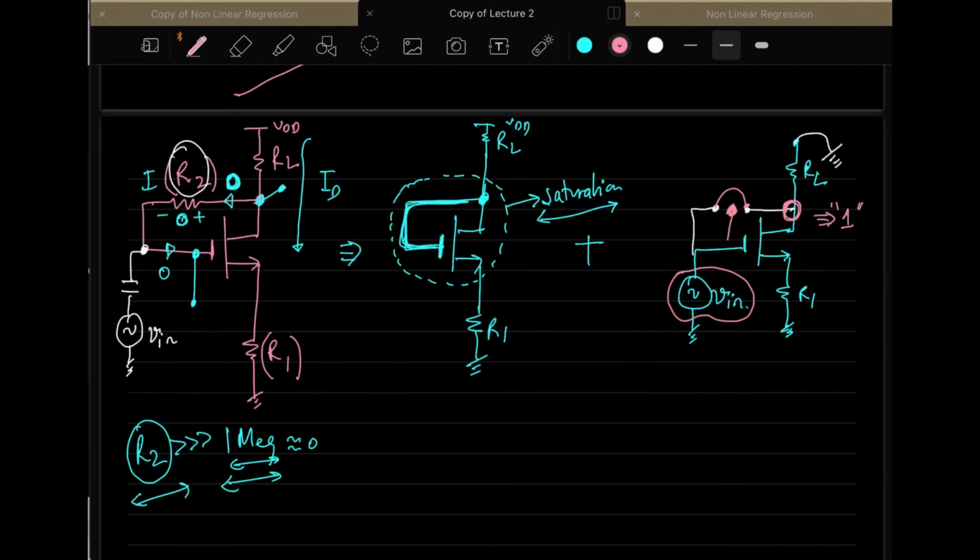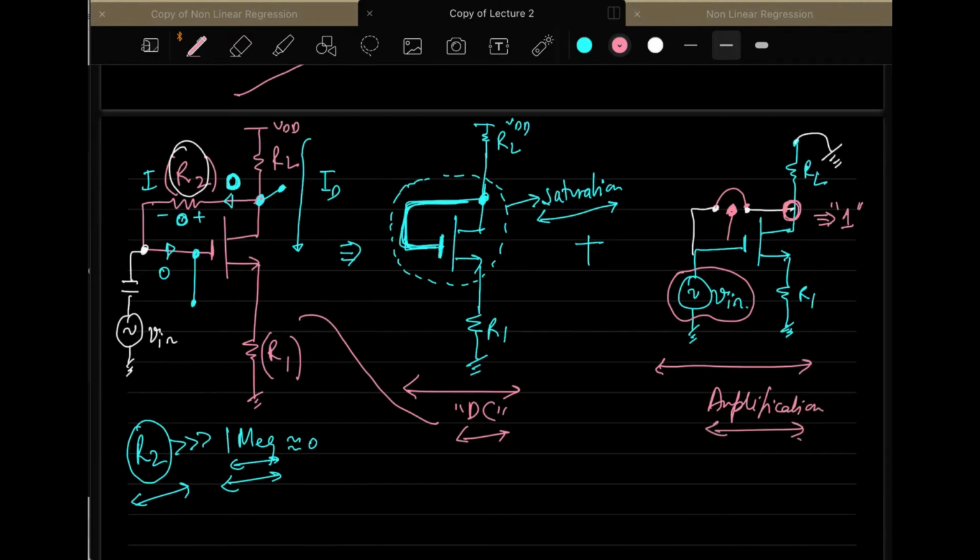So this is another configuration that you can see, in which you have DC analysis going on to set up the Q point, and then you have AC analysis for amplification. These are the two things that I discussed.